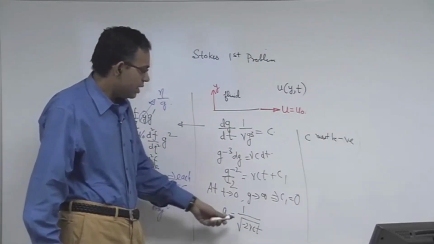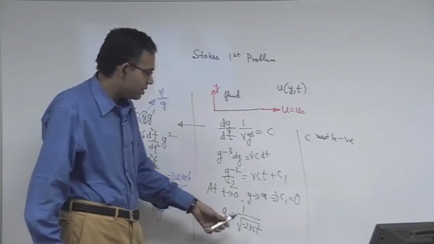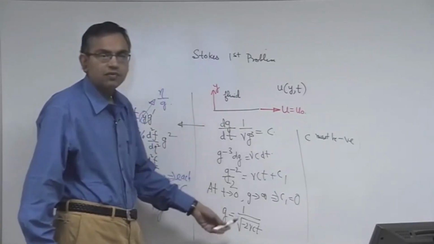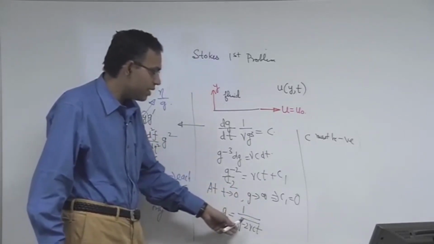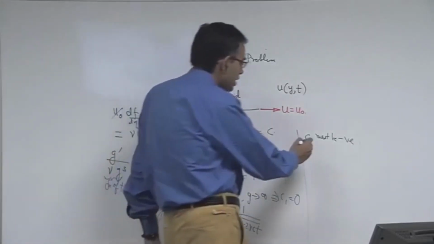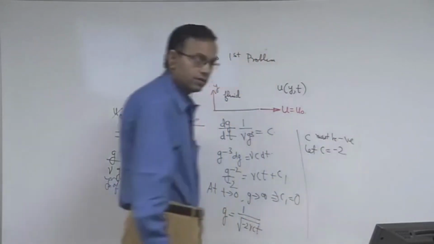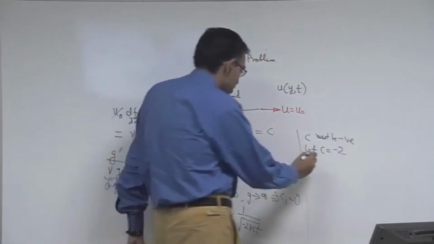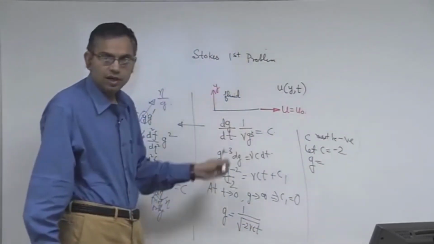That depends on convenience. You may choose, for example, C is equal to minus half or minus 2, like that, so that the square root business goes off. So, as an example, let C be equal to minus 2. Remember, this is not a must, this is just one example.